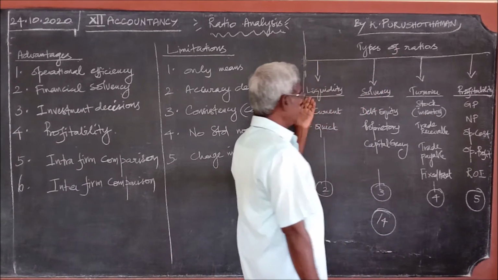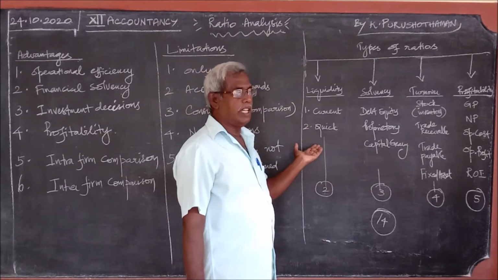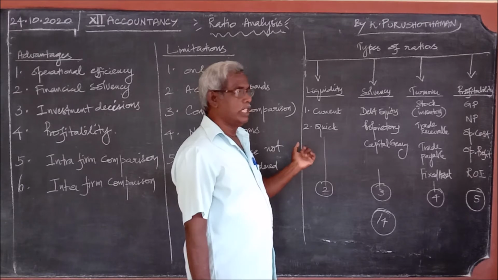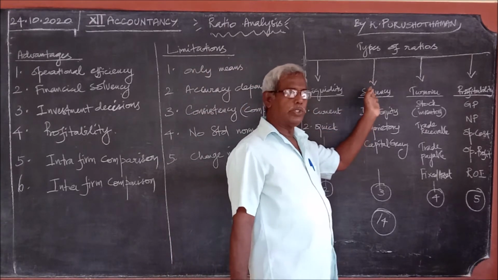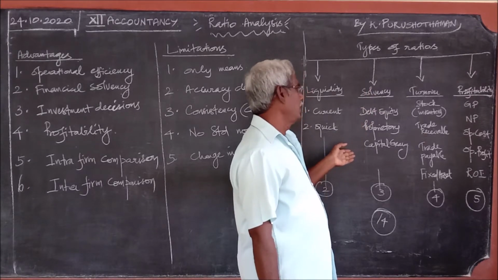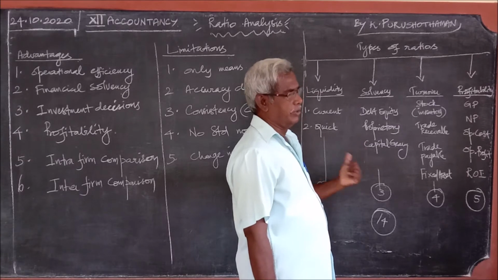The question may be like this generally. Or else instead of asking calculate liquidity ratios, the question may be calculate current ratio and quick ratio. Instead of asking calculate solvency ratios, the question may be very specific: calculate debt equity ratio, proprietary ratio, capital gearing ratio.